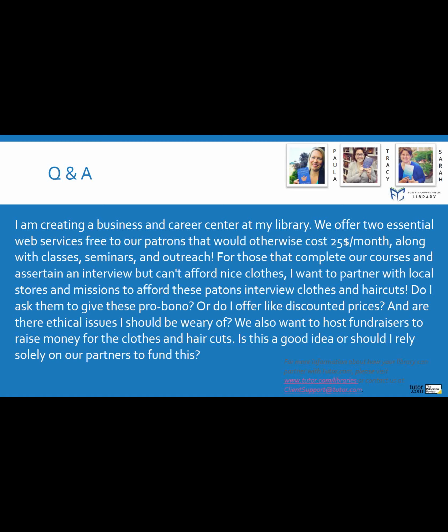And libraries being there to serve everyone and the great equalizers, it's important to be able to do that. But sometimes I also feel like we just don't know what we don't know. Right. So it's all about the learning. And I think community partnerships can be great in that aspect as well, to learn who we may not be serving out there.